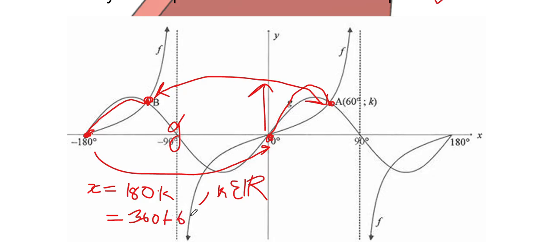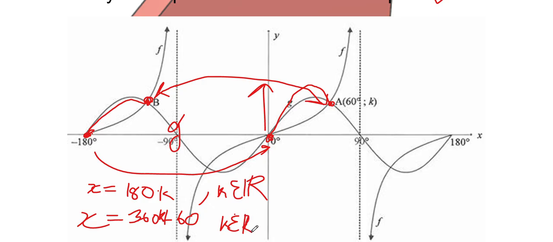Let me calculate in my head. Okay, it's 360k plus 60, where k is an element of real numbers. So x equals 360k plus 60, where k is an element of real numbers.